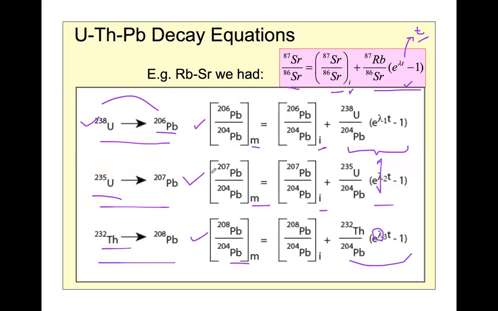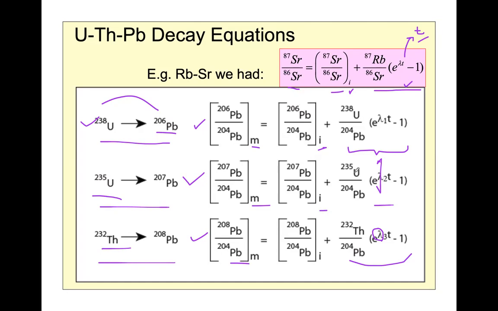Not two, three equations we have, but we'll take these two first. You have 206/204 equals 206/204 initial plus 238/204 e^(λ1 t) minus 1. Likewise, for 207 you also have the equation.